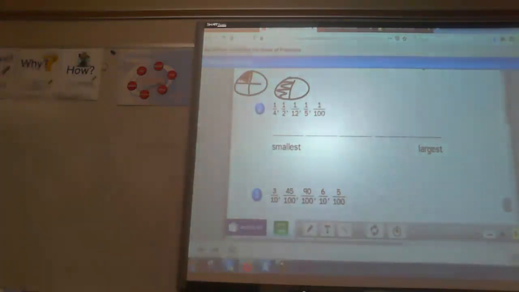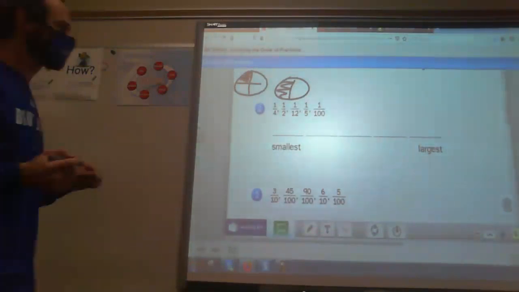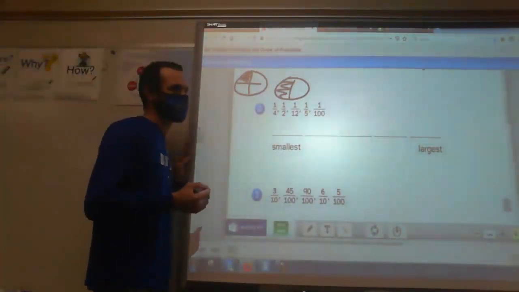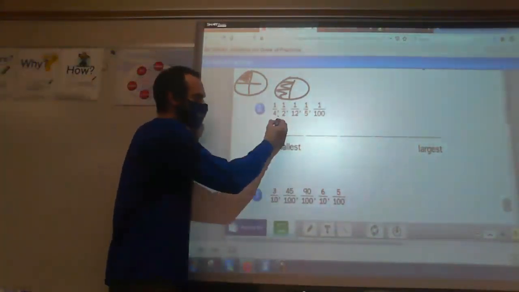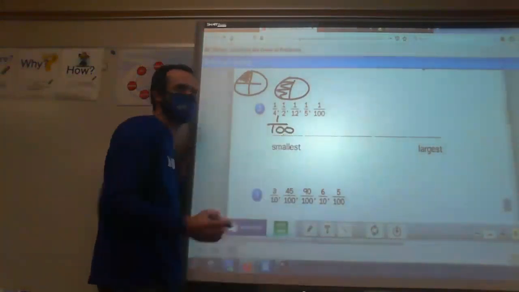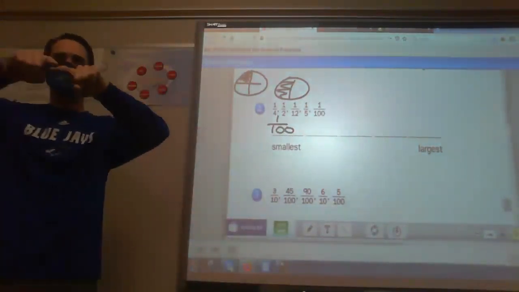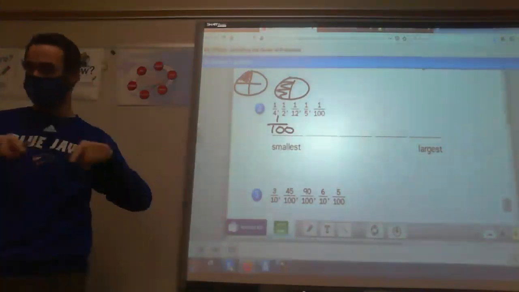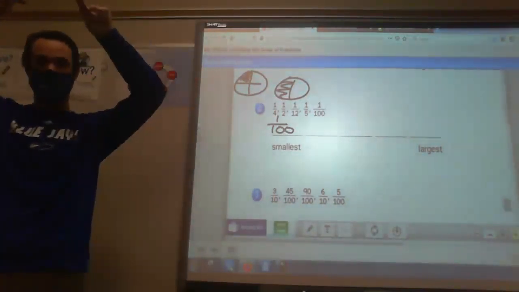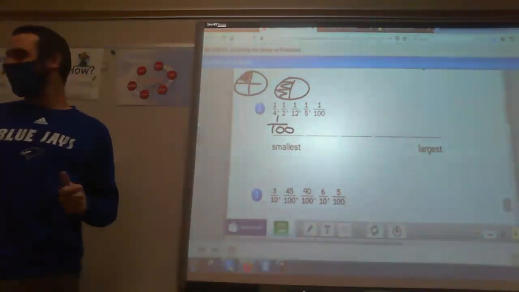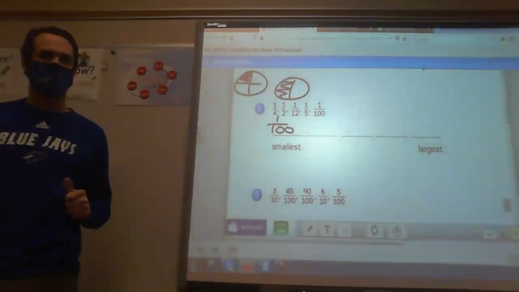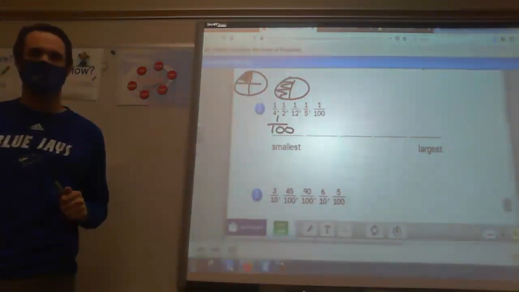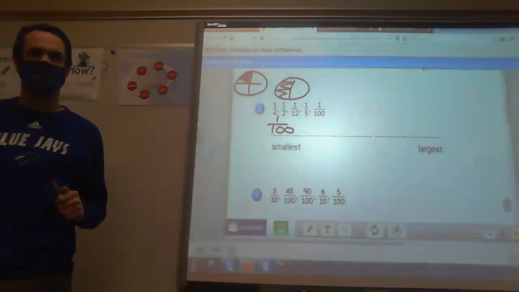So which one should be the smallest one, Delia? 1/100th is the smallest, because if you can imagine a sheet cake in a pan, and I cut it into 100 pieces, imagine how small the pieces would be.